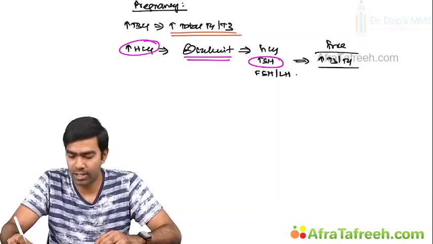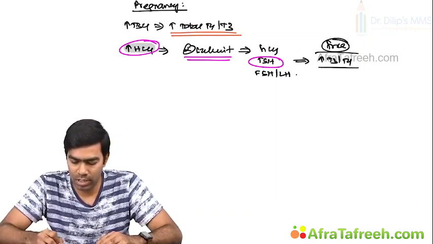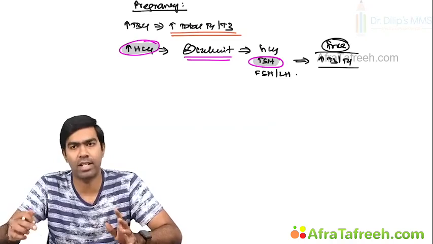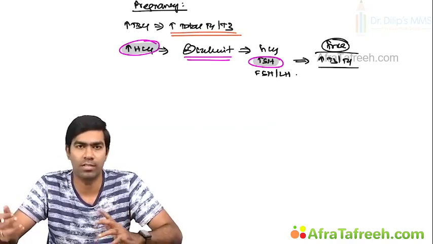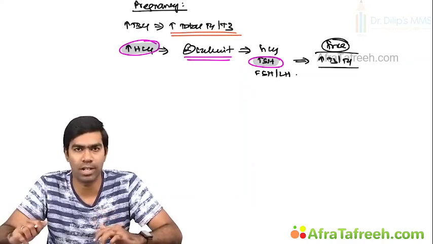In fact, the free T3 and T4 levels may be increased. Clear? That is because the HCG mimics the TSH and acts like TSH and can stimulate the thyroid, producing excessive T3 and T4, and that is what we refer to as gestational hyperthyroidism. We'll see later on.